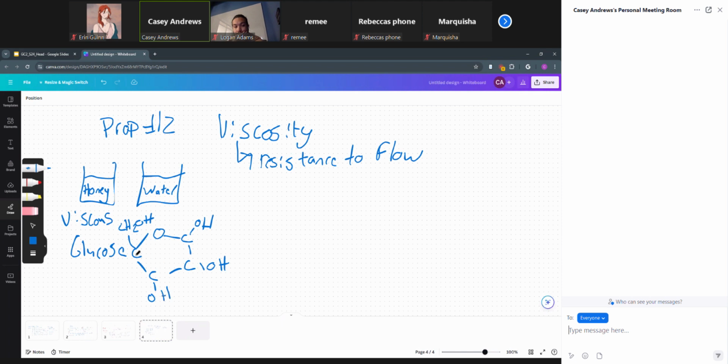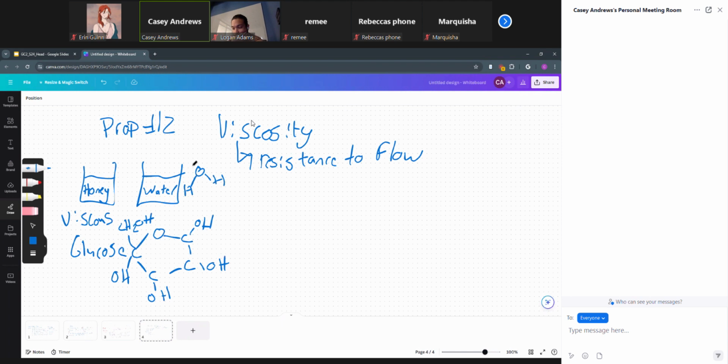So this kind of gets on what we just talked about. Glucose has a ton of hydrogen bonds. So when two glucoses come together, they stick together really well. So they have much stronger intermolecular forces than water, which only has 2 hydrogen bonds.